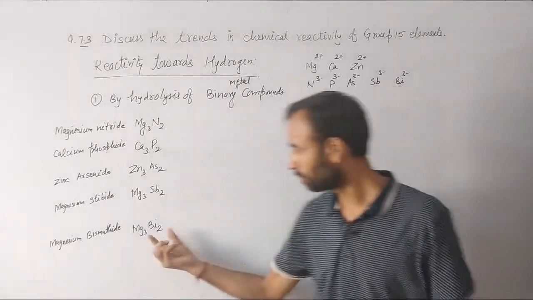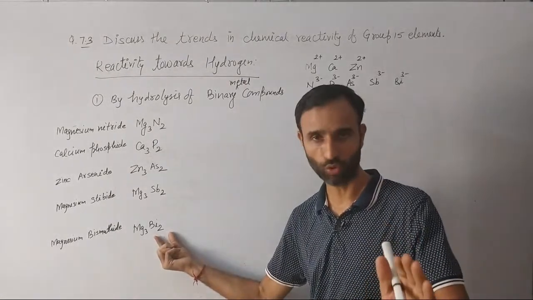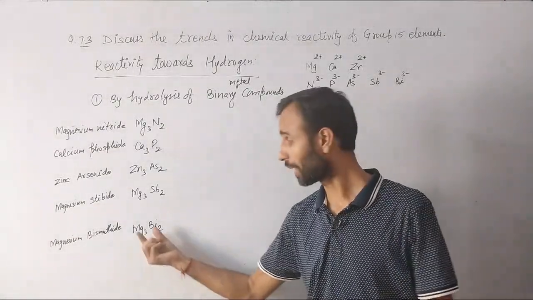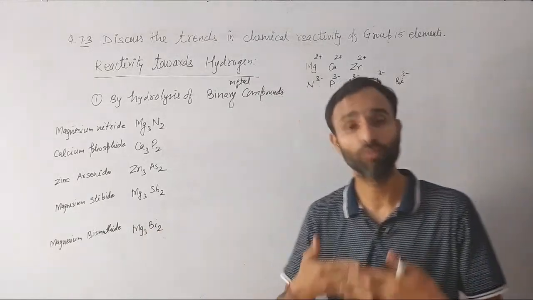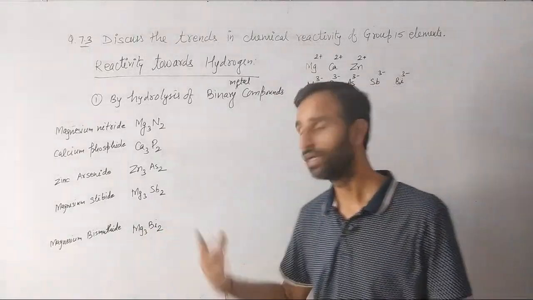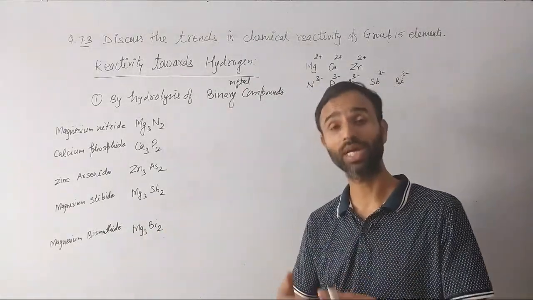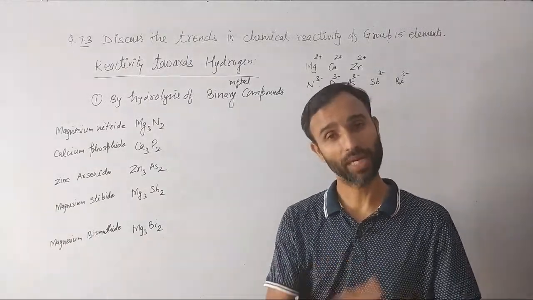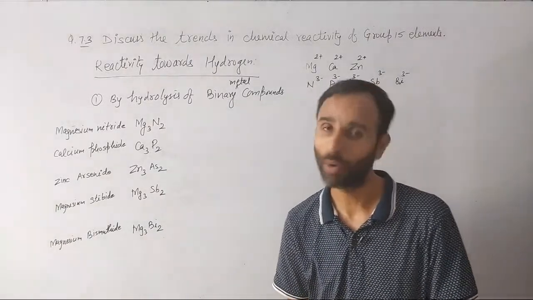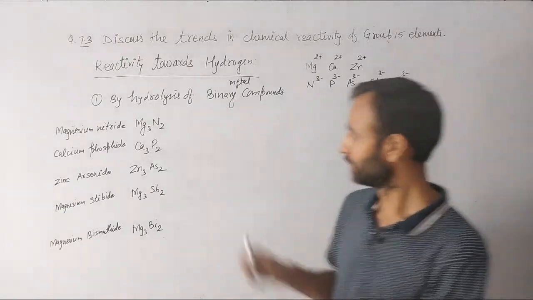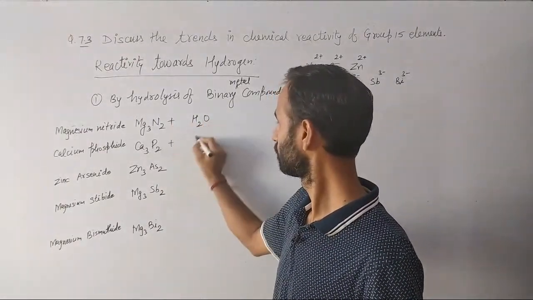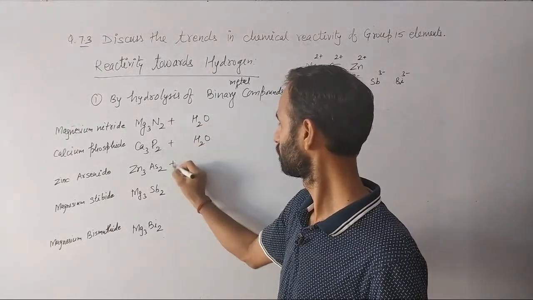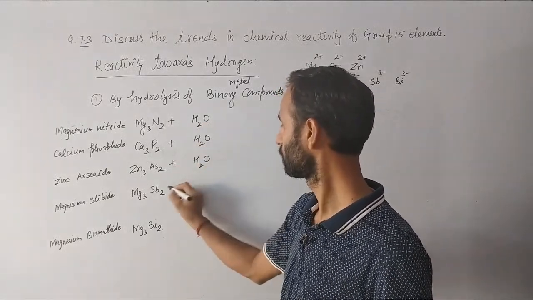You know, bismuth is a metal, we have already discussed, but bismuth is attached to magnesium, and magnesium is more metallic than bismuth. That's why bismuth gets negative charge and magnesium gets positive charge. Okay, now just hydrolyze them. What are the products formed?